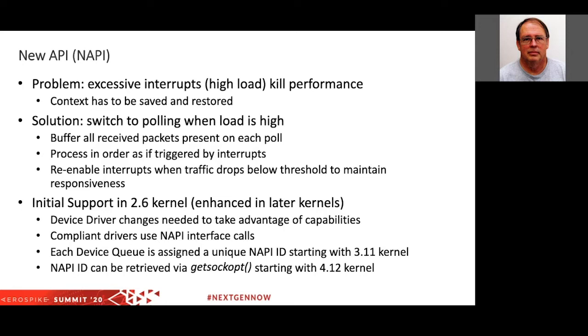Interrupts take hundreds of microseconds. There's a lot of context that has to be saved. And so the insight of the new API, especially if you have a really heavy load, the kind of load that's going to kill your system, is that you don't really need to do that.